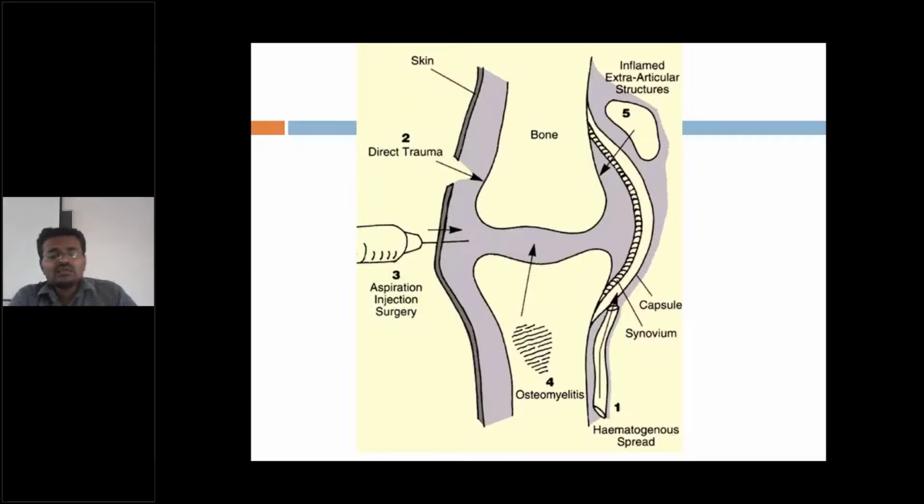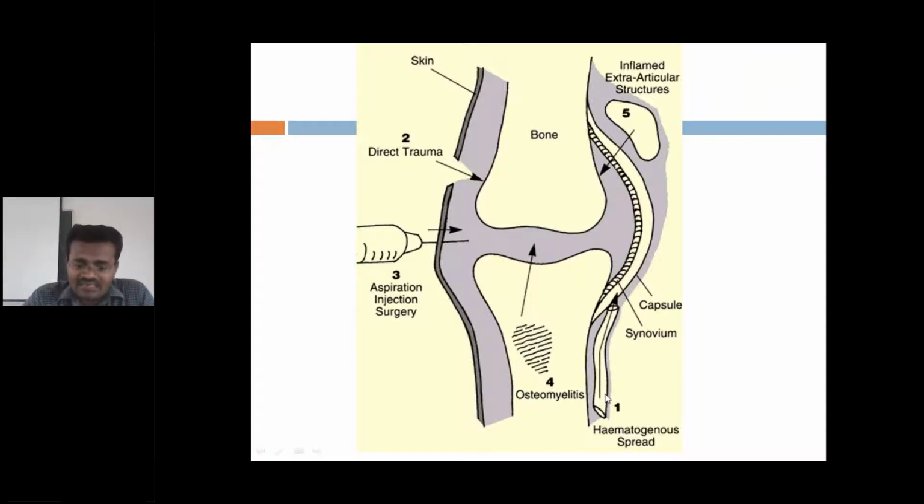So bacteria is infecting our joint. How is the bacteria entering? It may enter through blood. First, we can see hematogenous spread. Bacteria is present in the blood constantly, but those who are immune, like young people and well-nourished people, this bacteria can't infect the joint.